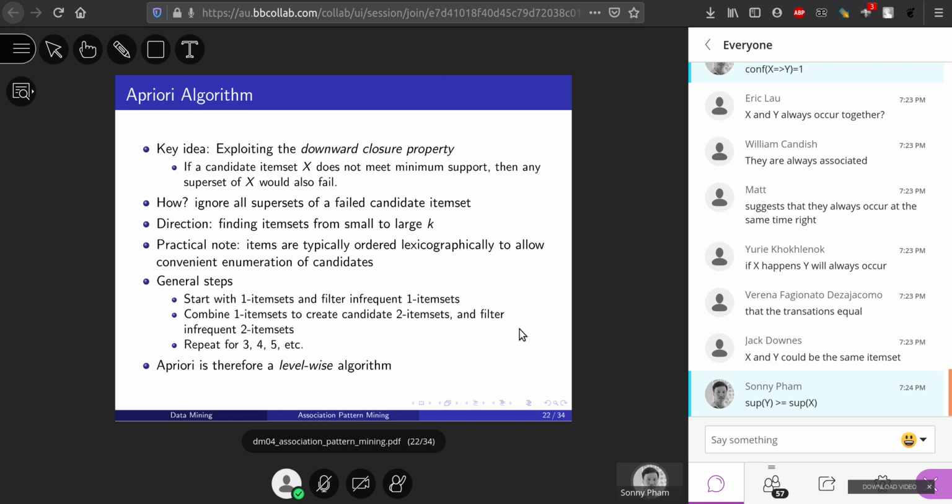So how does this algorithm work? It starts from level 1, and it will just keep going until the largest possible level. Of course, what level that is depends on the transactions. Typically, you can go to the maximum number of different items in the transaction data set.